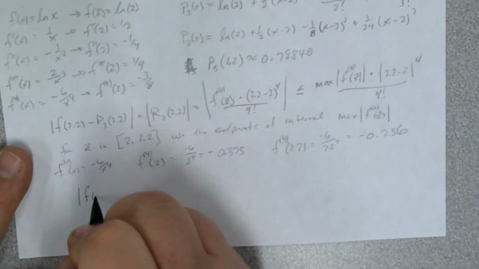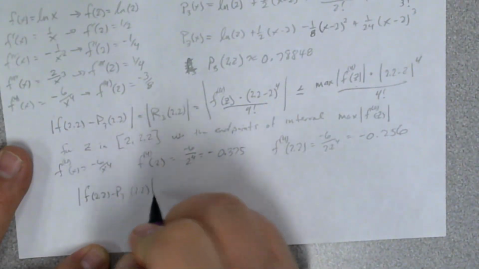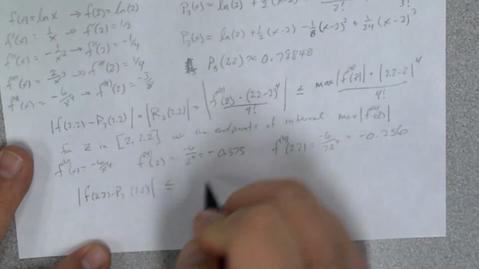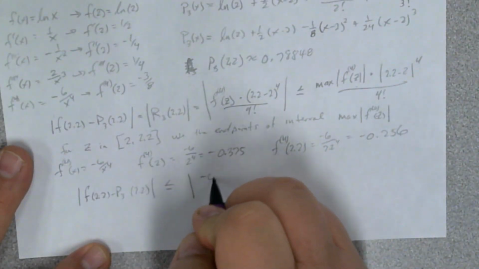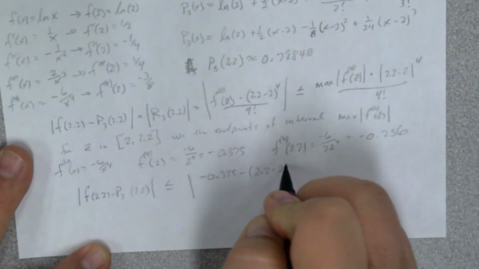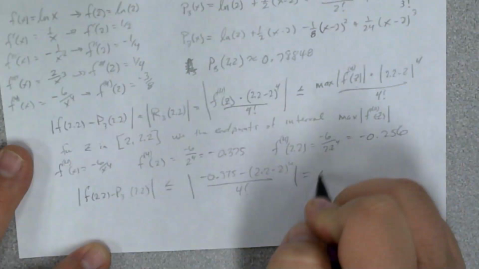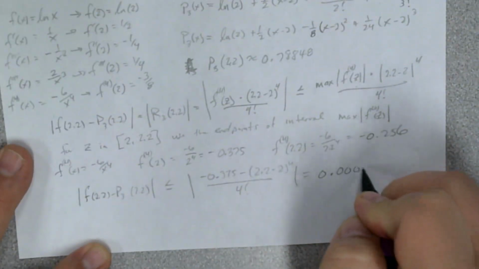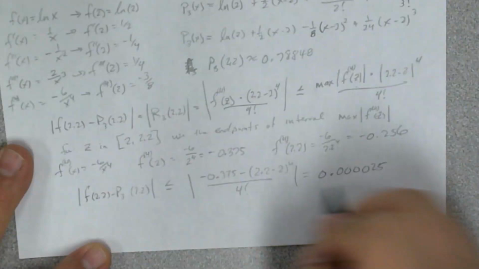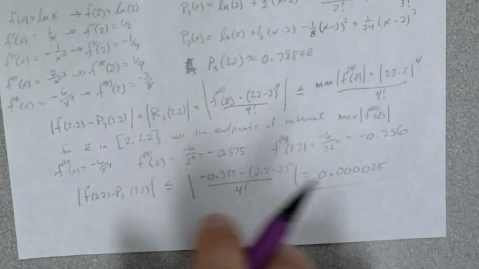So F of 2.2 minus P3 of 2.2 is going to be less than or equal to the absolute value of -0.375 times 2.2 minus 2 to the fourth power, all over 4 factorial, and that gives us this error. And there you go. Okay? So that's that example right there.